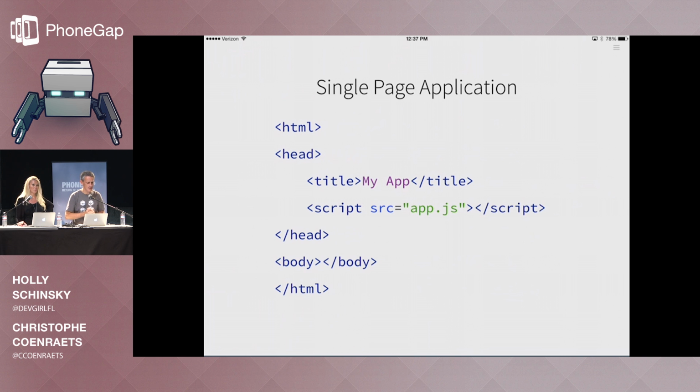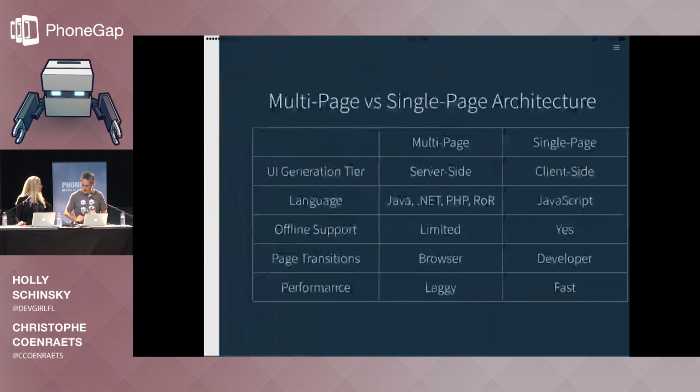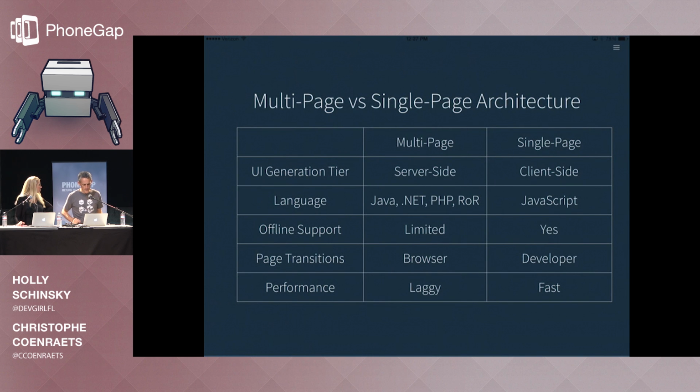of your application, okay? So to quickly review the difference between the two approaches, and a lot of that is just review, the place where the UI is going to be generated is going to be the client side instead of the server side, and therefore your application is going to run offline.